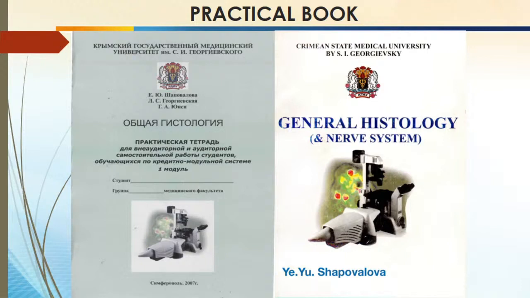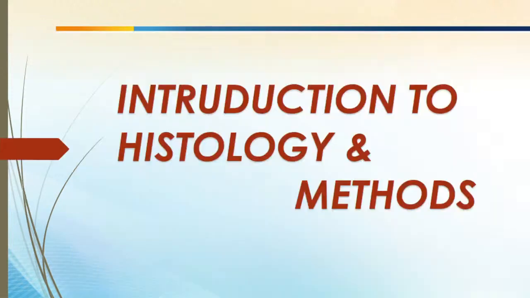In this practical book you have to answer some questions, fill in some tables, and designate electron micrographs and schematic diagrams. This is the current work for every practical class.